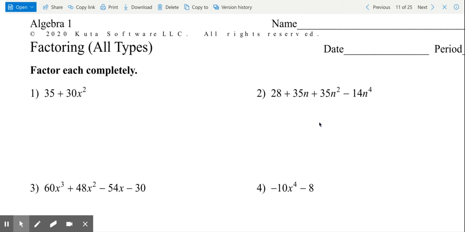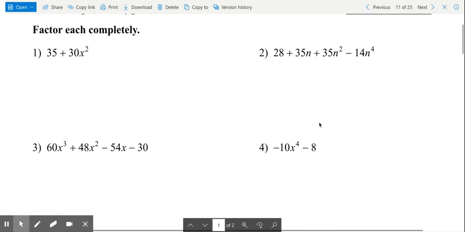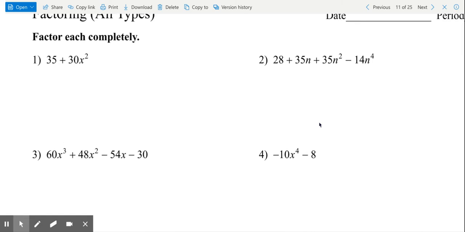It's a personal preference on which one you want to use. And then we talked about some special cases of factoring that make the factoring easier. So I just want to kind of survey through some questions and see what type of factoring we would use.